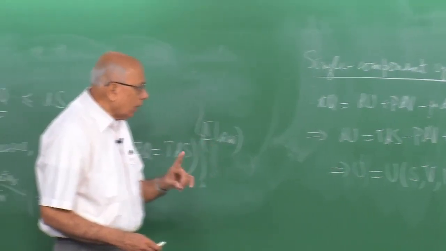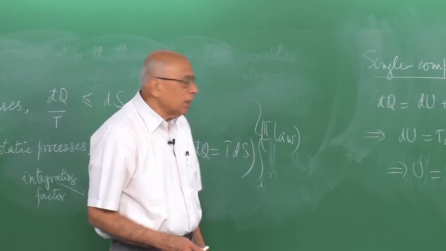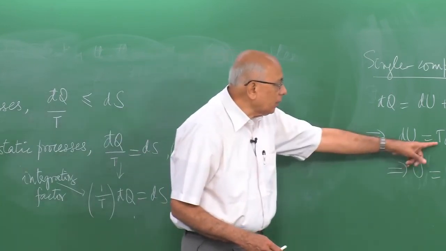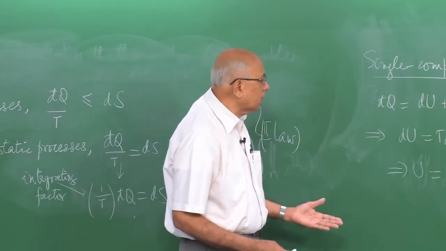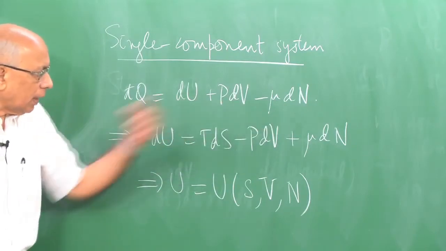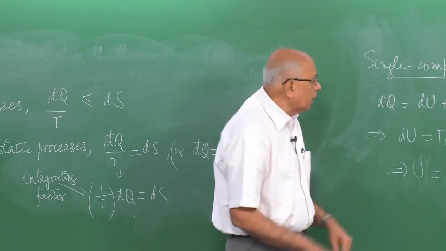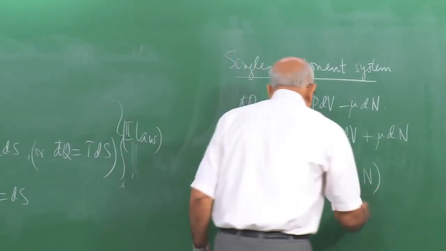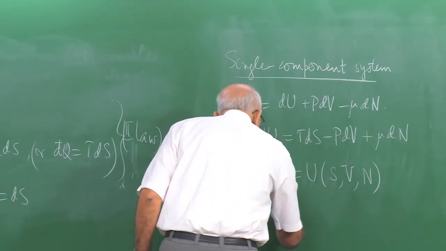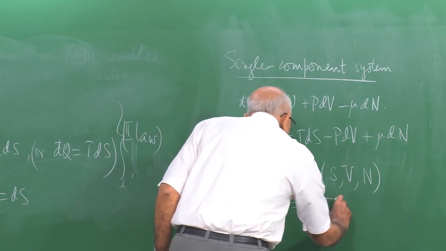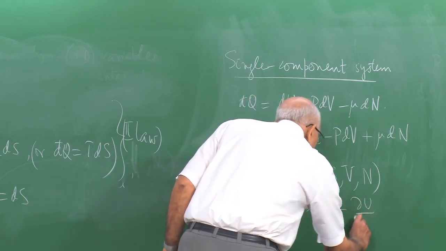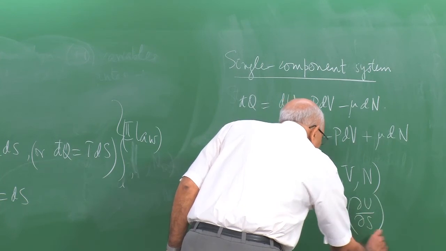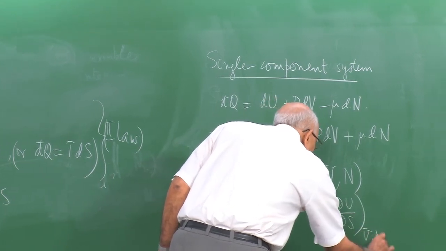Now just one quick remark about the 0th law. The 0th law helps you to define the temperature in terms of these quantities, because it says if U is a function of S, V and N and you keep V and N constant, it is clear that dU is then TdS. So this implies immediately that T is the rate of change of the internal energy with respect to the entropy, given that the other two are kept constant.